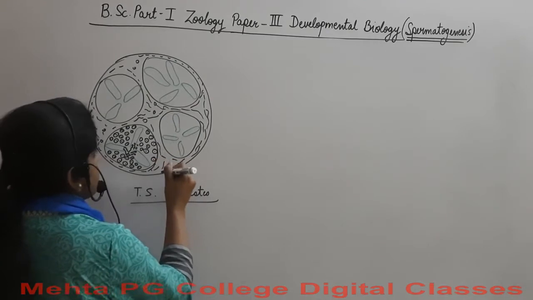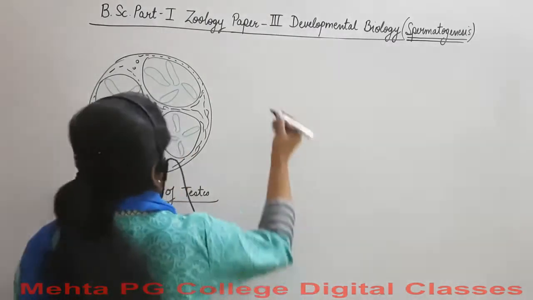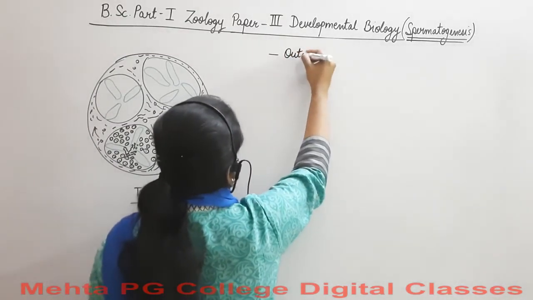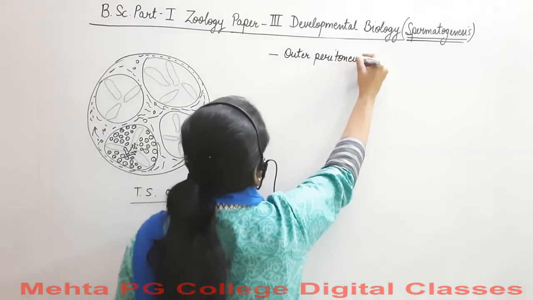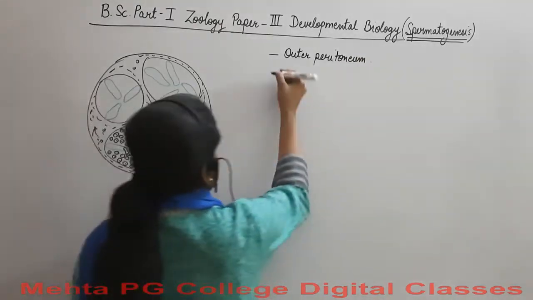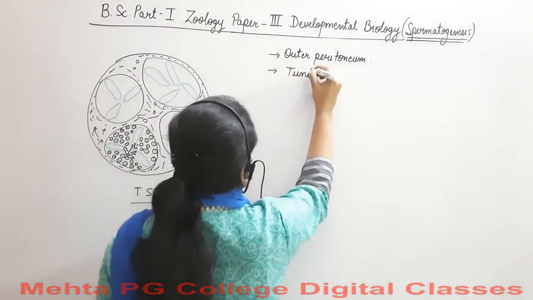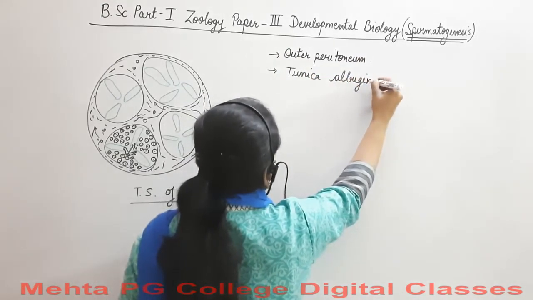So firstly we will talk about the outer covering of the testes. The outer covering is known as outer peritoneum, and just below this peritoneum layer lies tunica albuginea. Right, there are two layers.